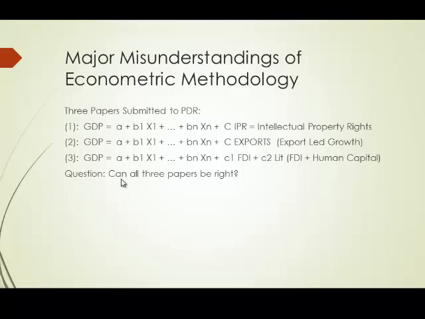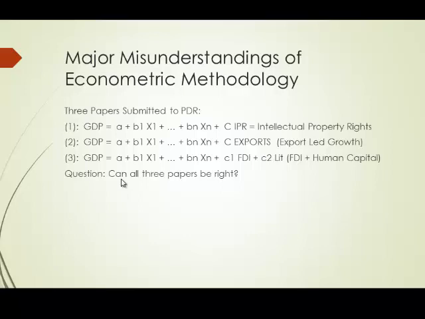Then he added IPR, ran the regression, looked at the coefficient estimate of IPR, and interprets that if this is positive, then IPR affects growth positively. If it is negative, it affects negatively, and if it's strong and powerful, so the standard which everybody knows how to interpret.